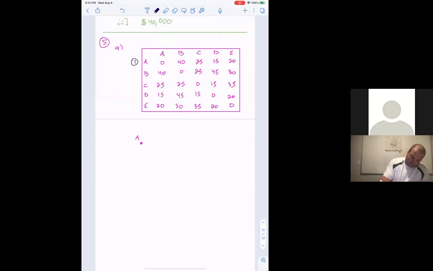So A is number 1, cross out everything in A, and then we pick D. So A connects to D with a weight of 15, and D is my second choice. Cross out everything in D, and now when I look at A and D, I see a 15, and that's D to C.